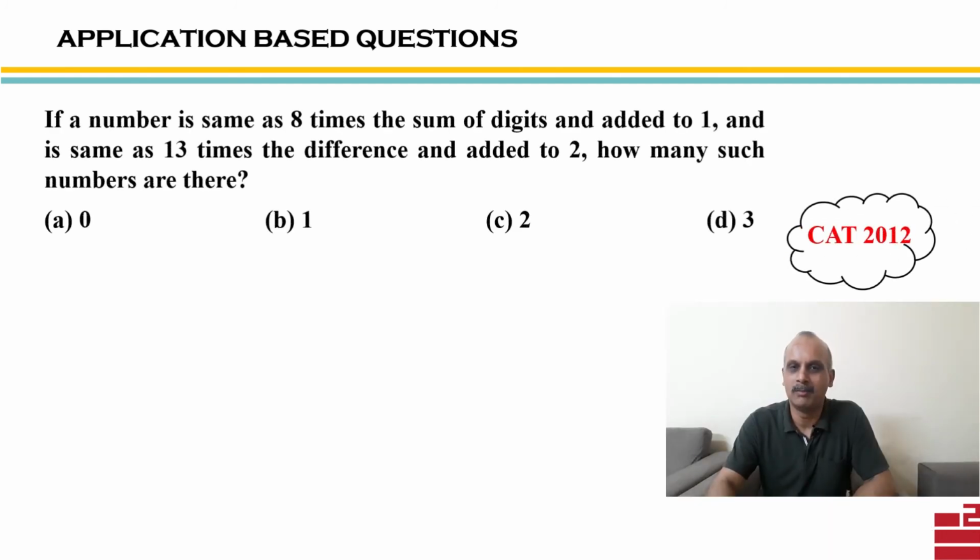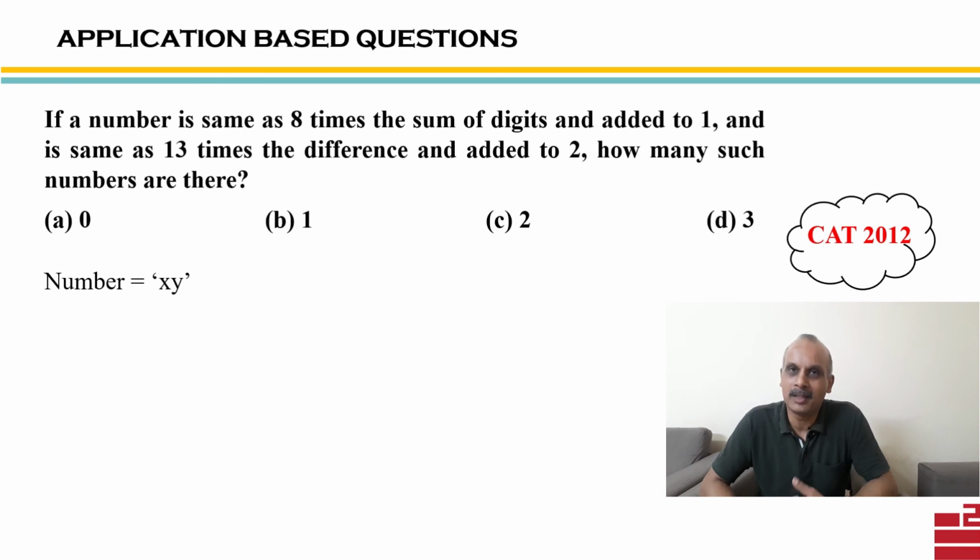Alright, one more problem which is an actual CAT problem. Again, it's based on a number of some digits. Again, let's assume that the number is, let's say, xy. The question says the number is same as 8 times the sum of digits and add it to 1.